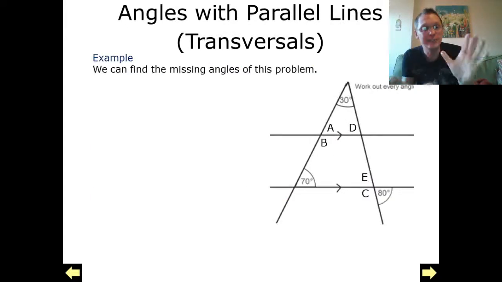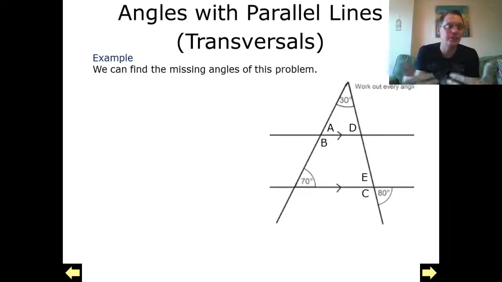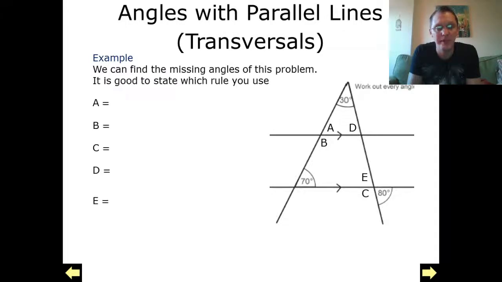We can use these properties, use these definitions to actually find missing angles. One thing which I must stress from this is that anytime you've got a problem with this, maybe in an exam, they'll always say, please state which rule you are using. This is very, very important.